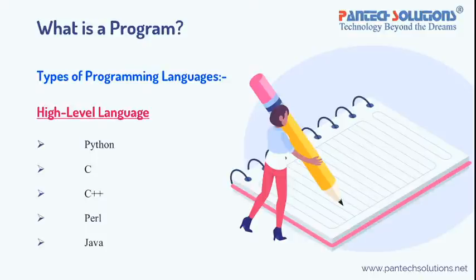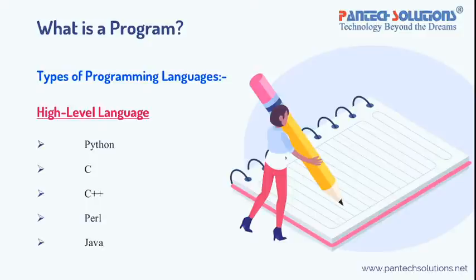So what is programming? Whenever we want to take up a programming language, this question is important. Types of programming language: we have Python, C, C++, Perl, Java. When we compare to other programming languages, our Python programming language is something different, and it's the most trending language nowadays in the 2020s. Why is it so trending? Because its syntax is easy, it's an object oriented language, and it has dynamic memory allocation.